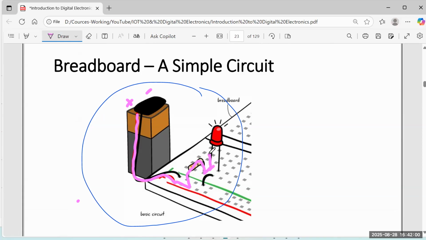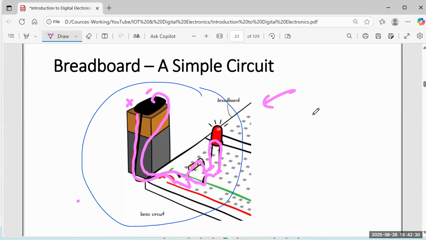So then it goes through the LED, comes to this. And remember, these are interconnected like this. So therefore, electricity comes here. And we have another jumper wire, a small wire, connected so that it comes here. So then this is connected like this. So then it is the negative side, or the ground side. So the loop is completed. So therefore, the LED will be lighted.